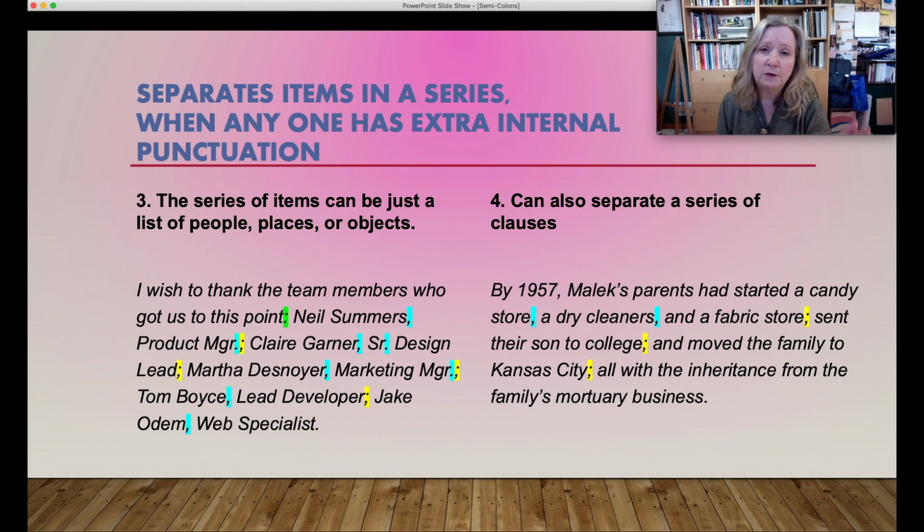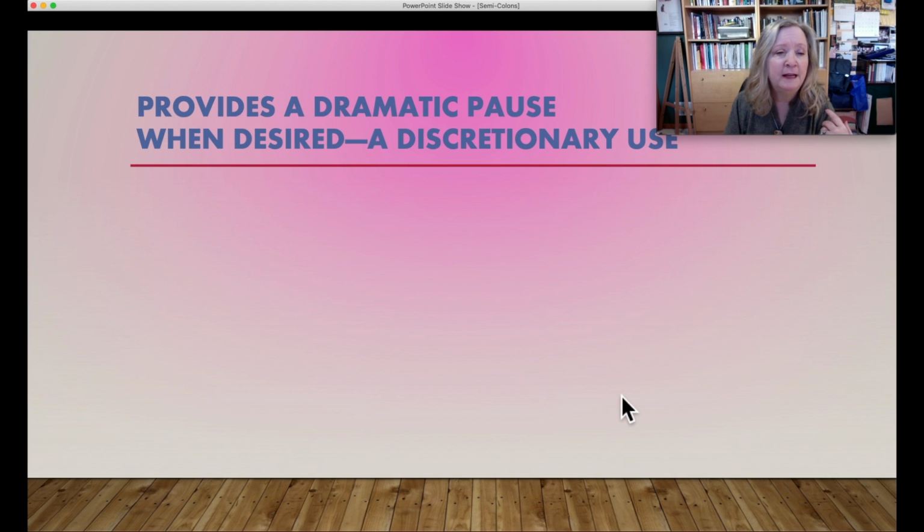Now notice you got a series of clauses here, but it's only in the first one where you have any extra internal punctuation. You don't have to have had internal punctuation in each of these clauses. As long as one of them has extra punctuation, you need to separate them with semicolons. Okay? Easy enough. Next one.